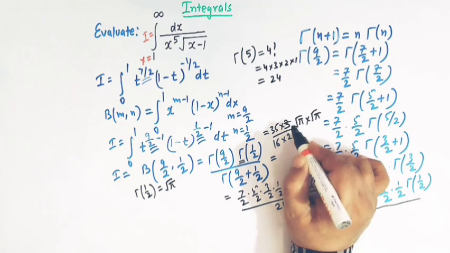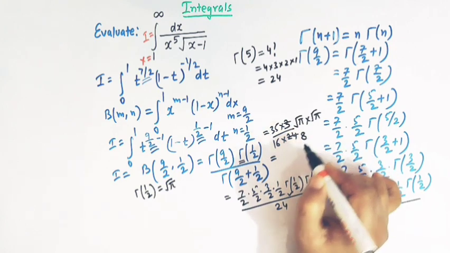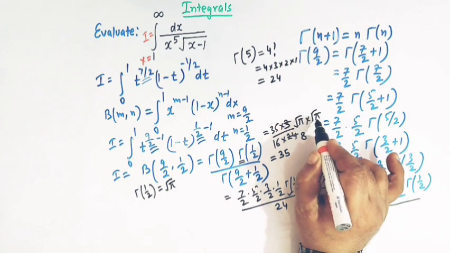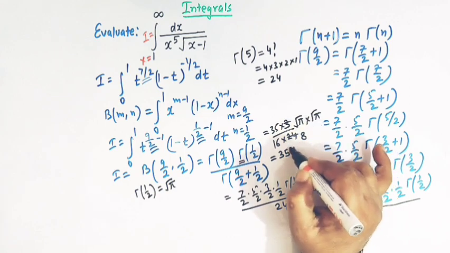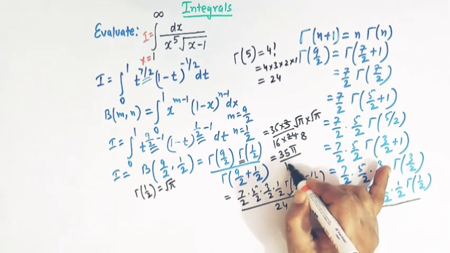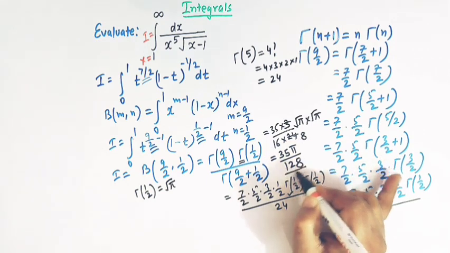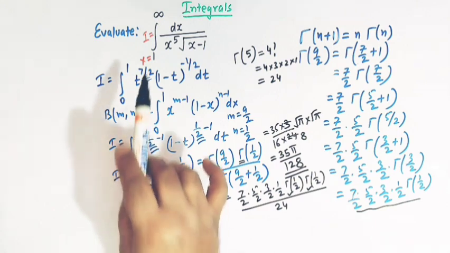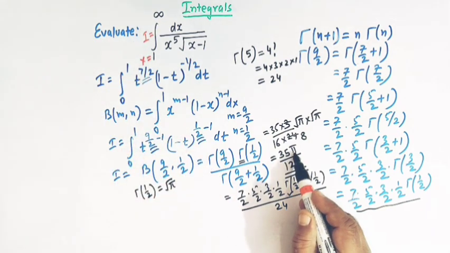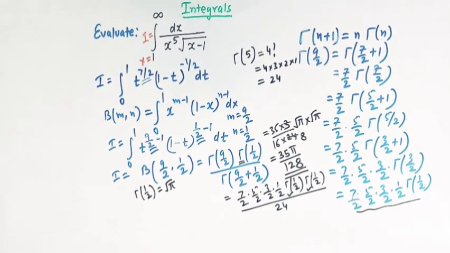So this is 3 8s are 24, this is 35, square root of pi times square root of pi is pi, and this is 16 8s are 128, right? So viewers, the value of this integral is equal to 35 pi over 128.